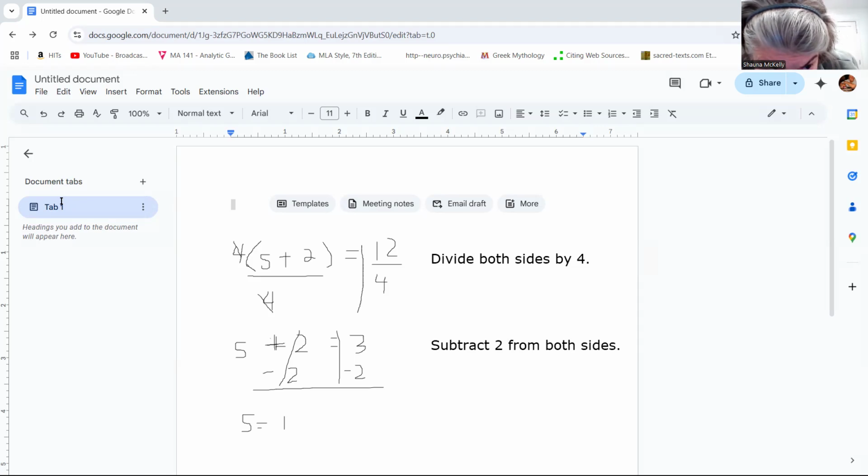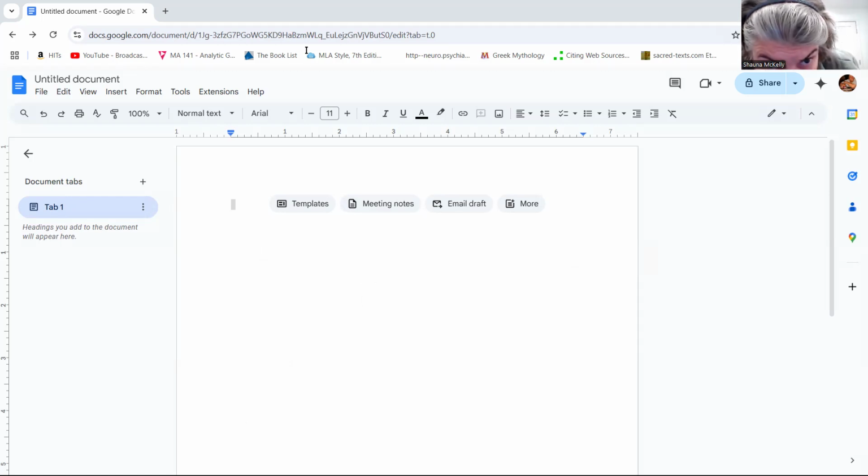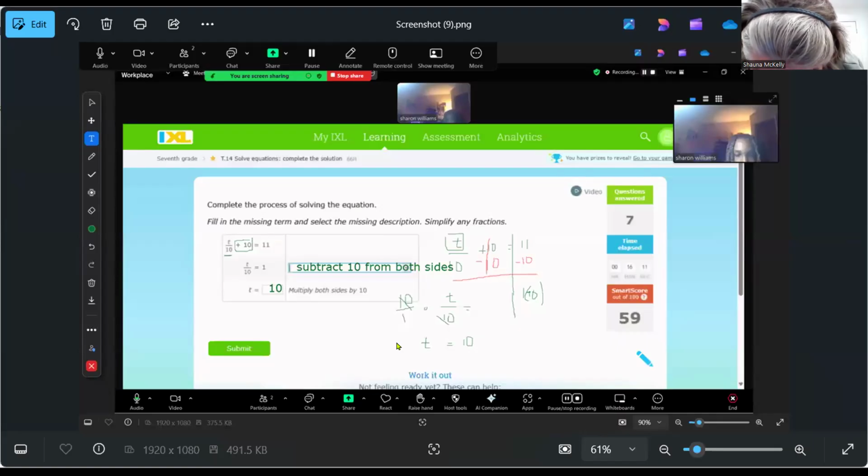So what I'm going to do here, I'm going to clear my drawings, and I'm going to bring up the screen share for problem 7. Okay, so here I have t over 10 plus 10 equals 11. So let me show you this.